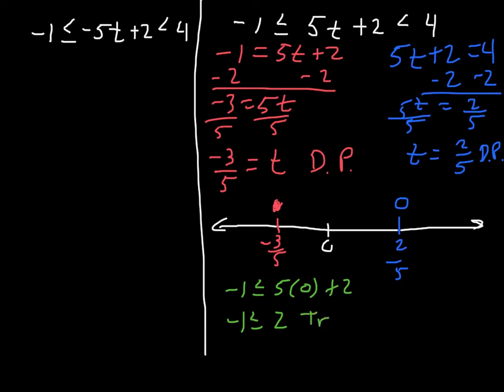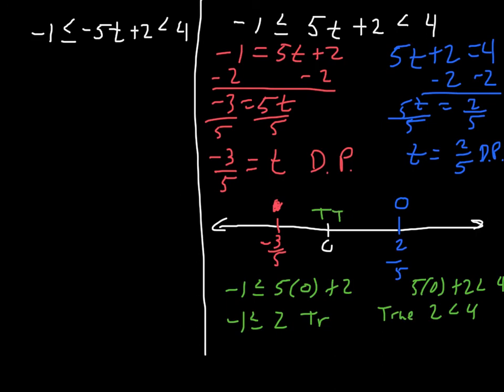true. So what I'm saying then is that I think that the blue point right here is going to be true as well, because I think the inside of this is true. And we'll see what I get over here. So I have 5 times 0 plus 2 is less than 4. 2 is less than 4, which is true.